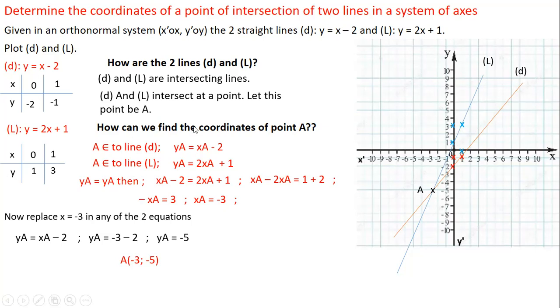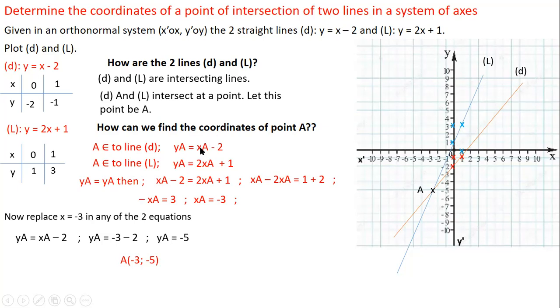So how can we find the coordinates of a point of intersection between two straight lines? After I draw the figure, you have seen that A belongs to the first straight line and it also belongs to the second straight line. Then the coordinates of A satisfy the first line and also the second line. After putting this, I can see that here YA is equal to this YA.